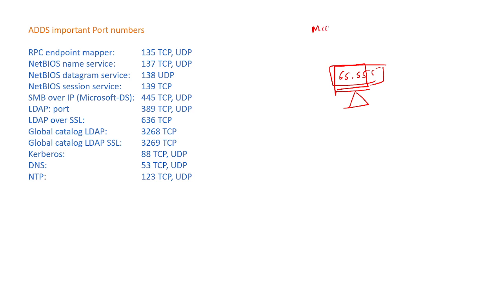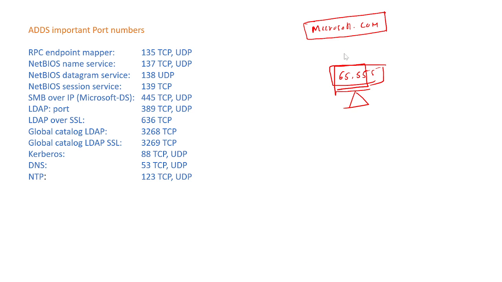microsoft.com, this is called an FQDN, fully qualified domain name. If I simply say Microsoft, it is not a fully qualified domain name. If you simply enter Microsoft, it doesn't open.